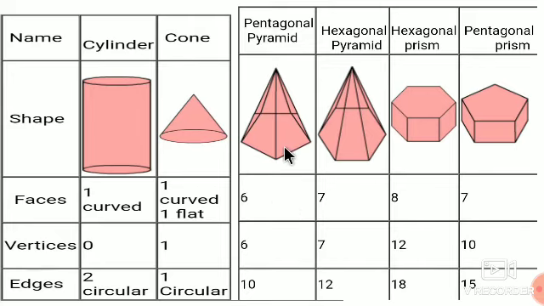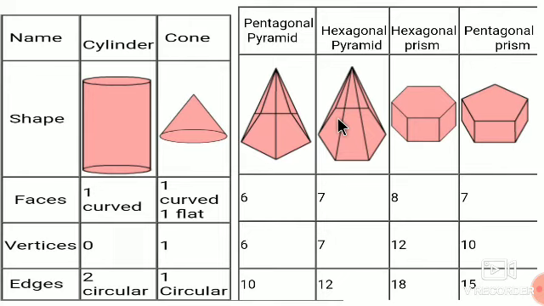Then same for the vertices. 5 vertices of the bottom and the apex one. 5 plus 1, 6. Now the edges. 5 heights and the 5 sides of the pentagon. 5 plus 5, 10. Like this you can count in the exam also. Now the hexagonal pyramid.